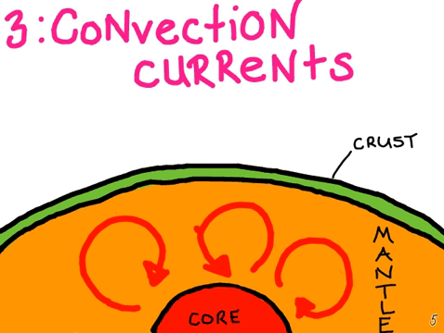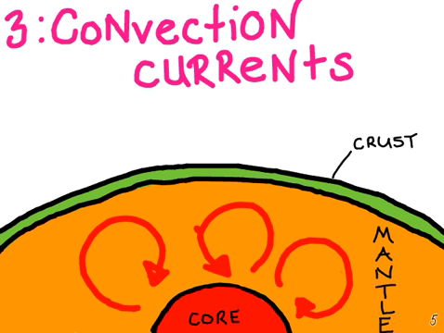Okay, so the Earth's crust and plates float on top of a semi-liquid layer called the mantle. The mantle is made of semi-liquid rock, and this is important because it means that it can move. It is heated by the Earth's core, which is the hottest part of the Earth, and as it is heated at the bottom by the core, some of the rock in the mantle rises up, and as it gets closer to the crust and further away from the heat, it'll start to fall again.